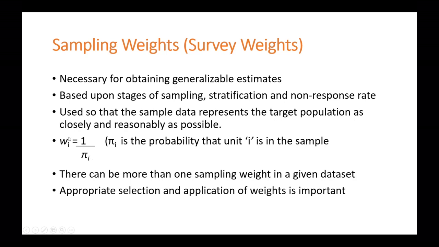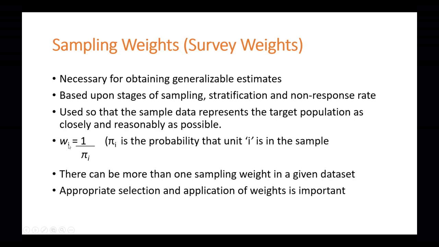So whenever we are calculating weights, the weight is 1 divided by the probability that the case which we have selected in our study population is actually representative of the normal population.